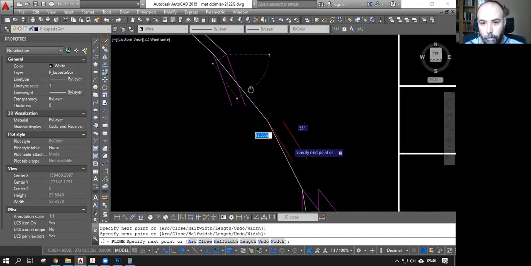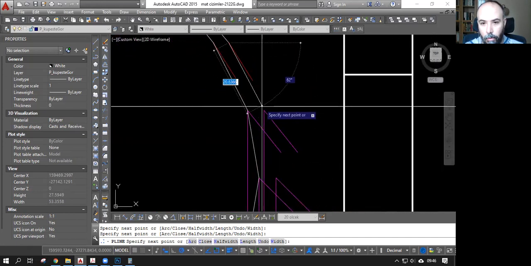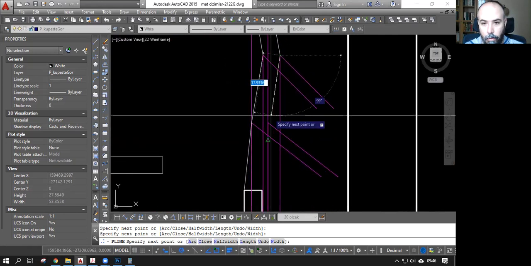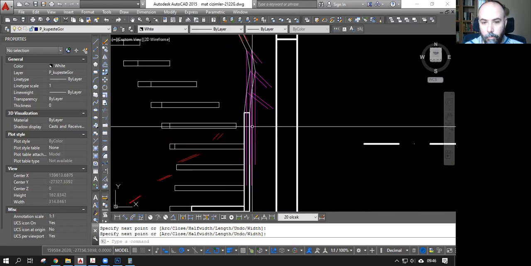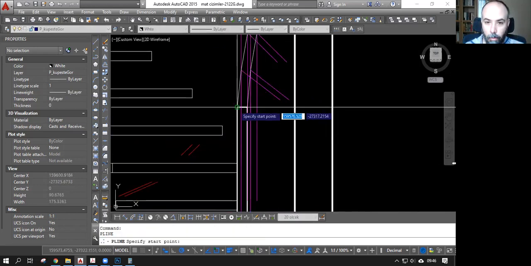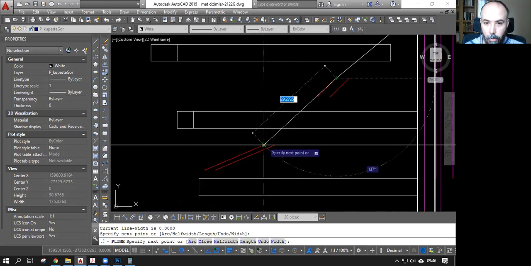And now I'm combining the outer points, and yeah, the rest will be at my back. So they will be in dashed form.